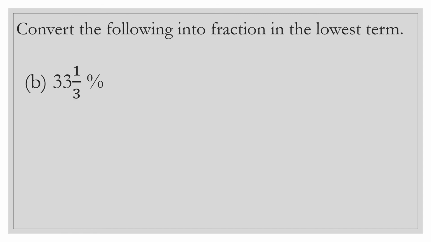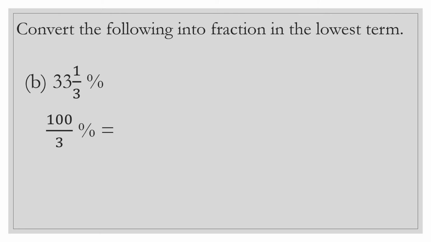Let us solve one more question. Question number B. Convert 33 1 upon 3% in the lowest term. See, 33 1 upon 3 is a mixed number. So let's convert it into an improper fraction. 33 3s are 99 and 99 plus 1 is 100. So we get 100 upon 3%.